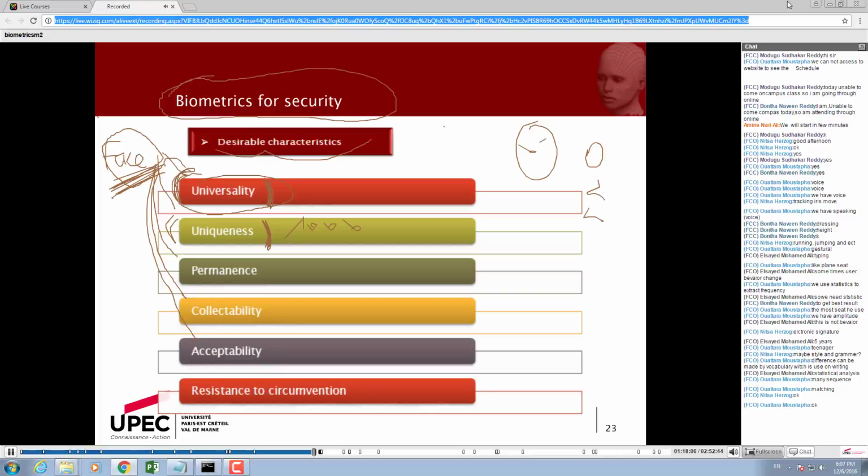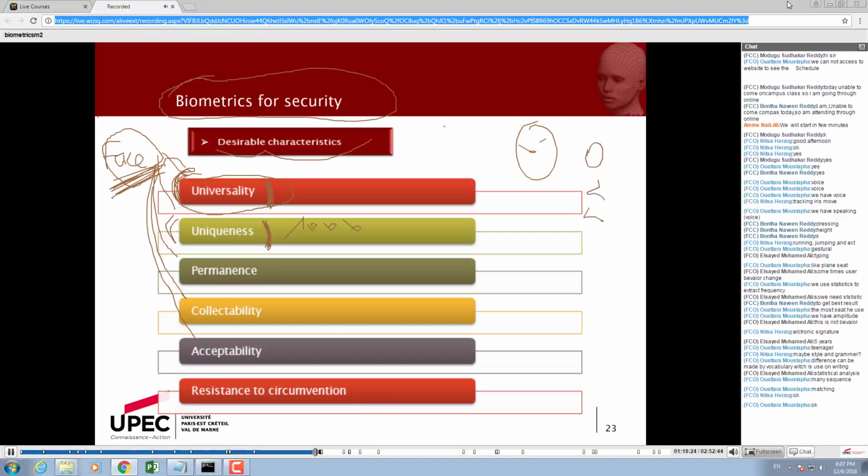And we can grant the access to people. At the beginning, you will enroll yourself, and your weight is, I don't know, 70 kilograms, and your height is 2 meters. So the vector will be alpha and beta, and it will be your signature.